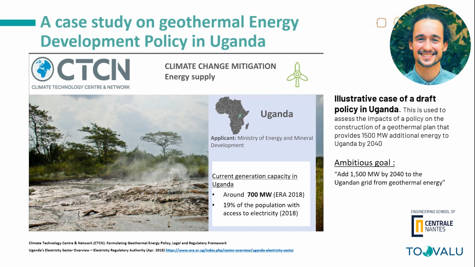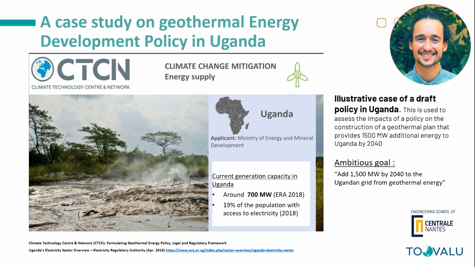So the method we developed to assess social impacts of a policy on a system based on absolute perspective, so based on the donut theory and its social foundation, was then applied to a case study which is actually based on a real draft policy in Uganda on geothermal energy development. So the situation in Uganda now is that the energy capacity is around 700 megawatt, and only 19% of the population has access to electricity from the national grid.